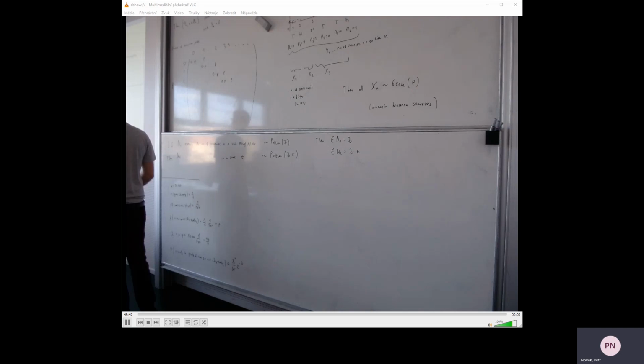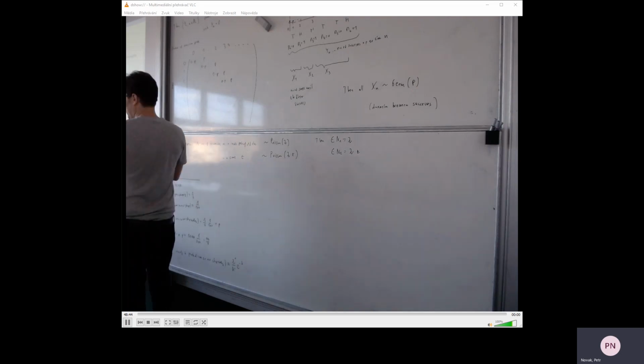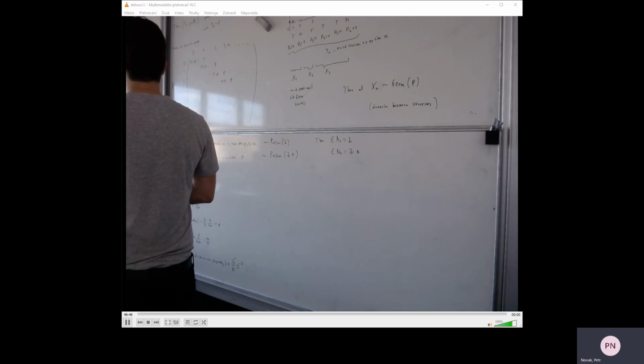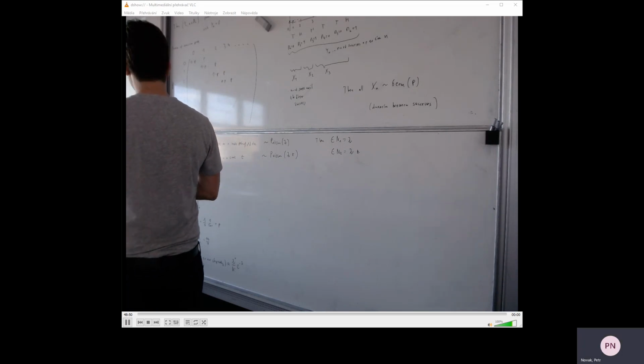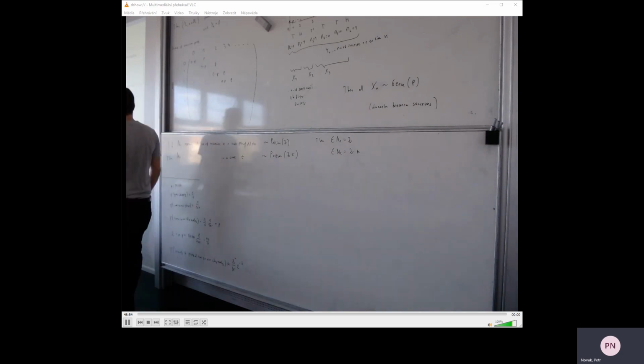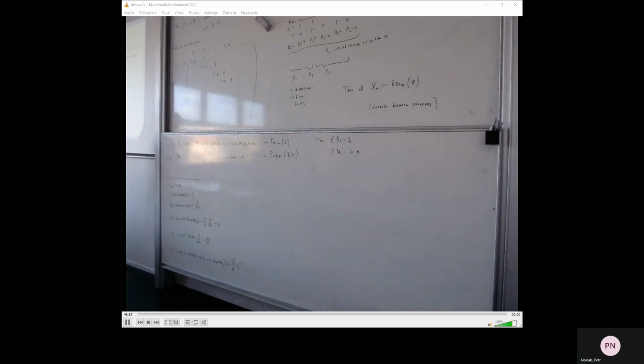Regardless of the time scale in which we observe them, we call a process a counting process if it is always non-negative, if it can have only integer values, so 0, 1, 2, 3, and so on, and if it is non-decreasing.